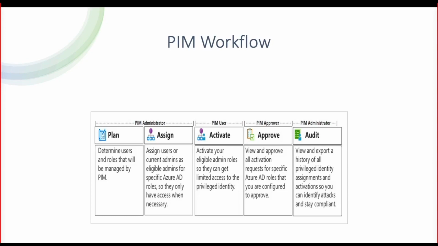The approver will approve the request, and then the last step is for the audit. Once the audit is completed, the user can work as a user administrator, and we can further make access reviews if you want, and also export the history of all the privilege assignments that we have done. So that sums up Privileged Identity Management, which is a very important topic for AZ-500.